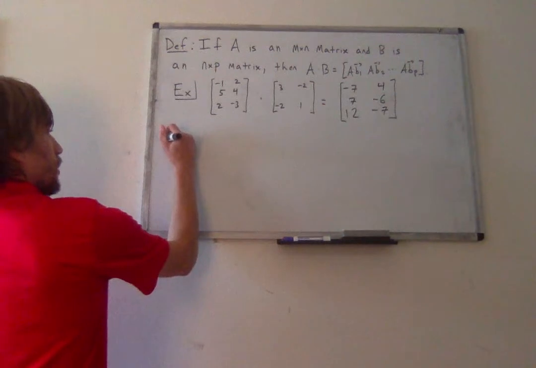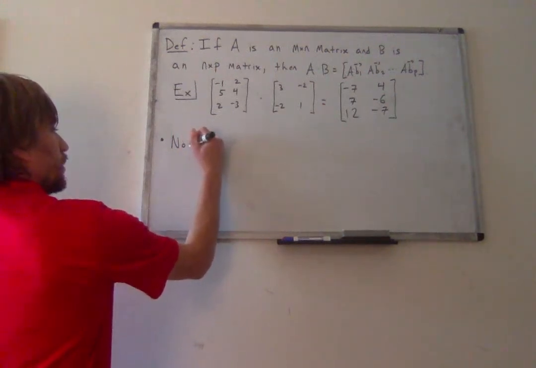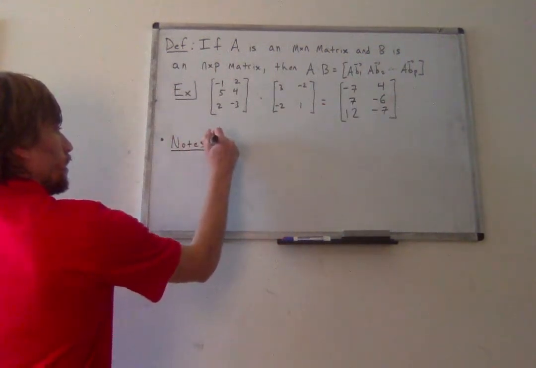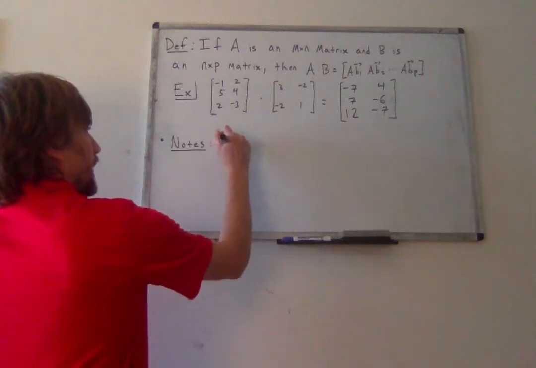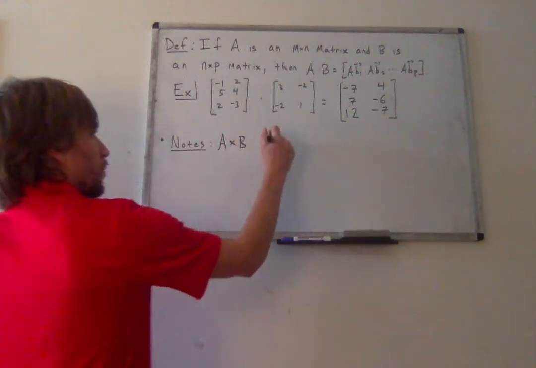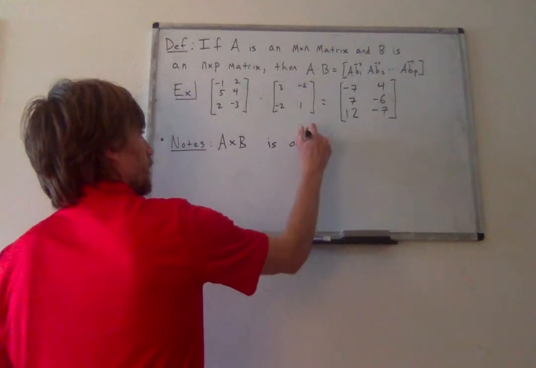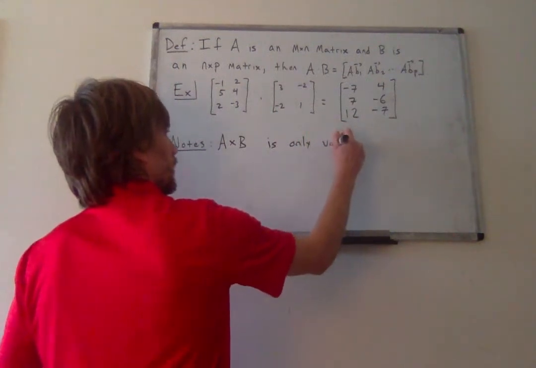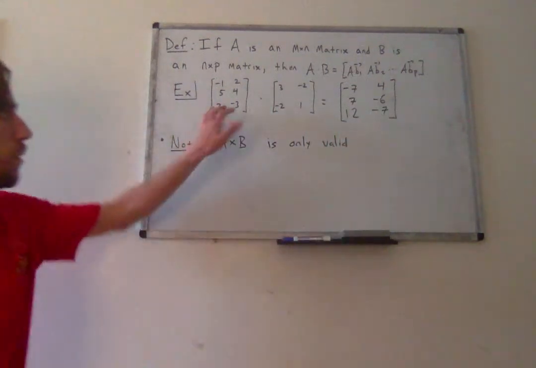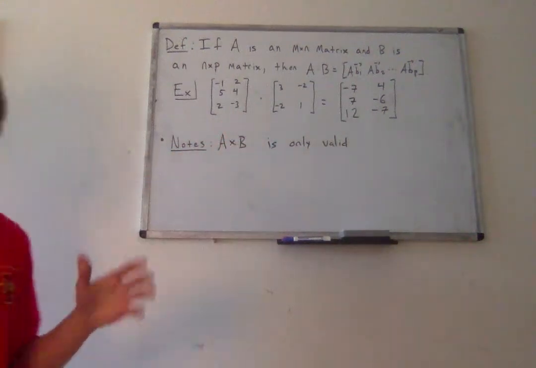All right, so a few notes. A times B as a product is only valid, and I think it's easier to see this when you imagine multiplying matrices for real.